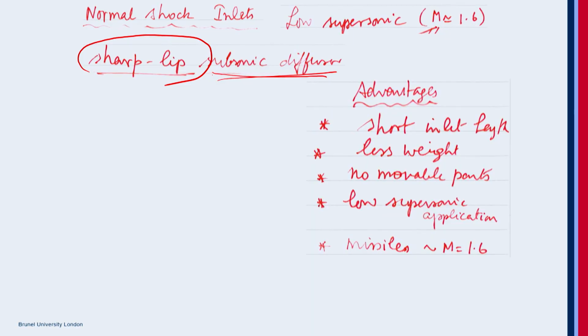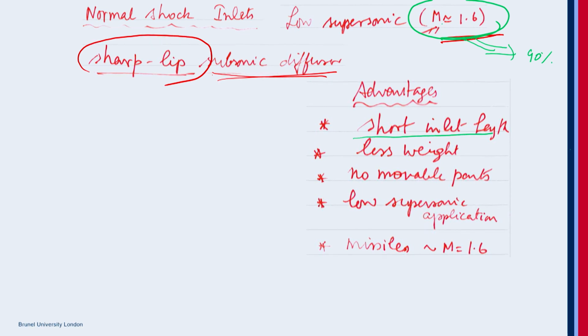So what are the advantages of this kind of inlets? They are very short length inlets, because you can operate up to Mach number 1.6, because we will see that the inlet pressure recovery is up to 90% with Mach 1.6. So you can still have very good inlet pressure recovery with normal shock inlets.